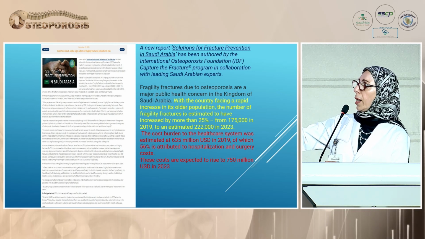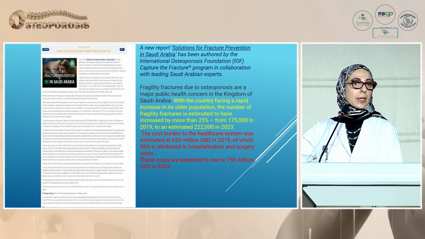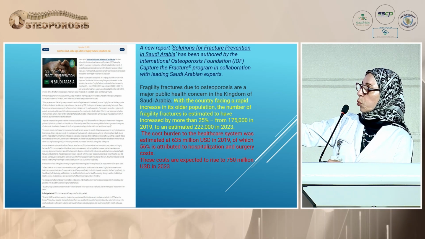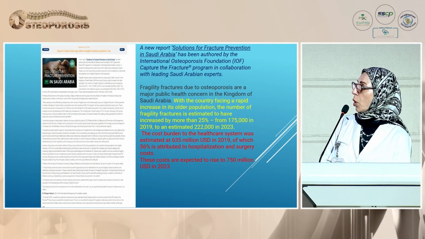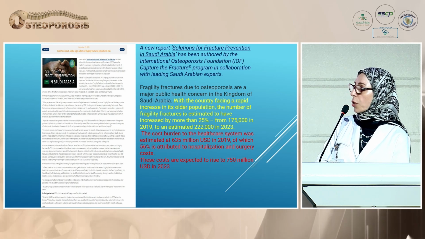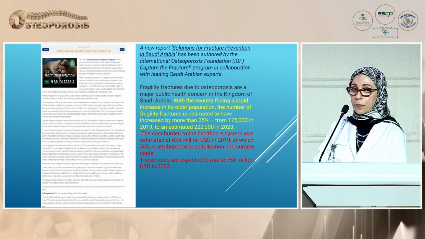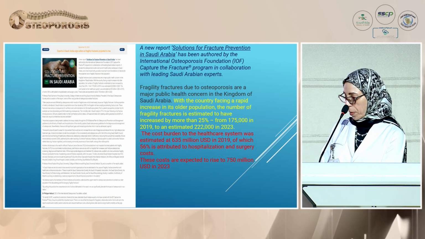More or less, we are addressing the same data I just mentioned to you. This was by Prof. Slimani and myself, and we mentioned that the country is facing a rapid increase in the older population. The number of fragility fractures is estimated to have increased by 25%, with the cost that I mentioned to you.